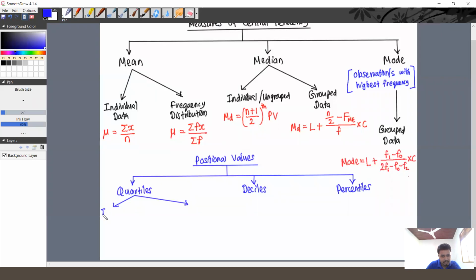Quartiles of an individual data set. Individual and ungroup, both we use the same thing. If we have a group data set, then how to find these quartile values? මතකද Q1 එක හෙව්වේ කොහොමද individual data set එක?